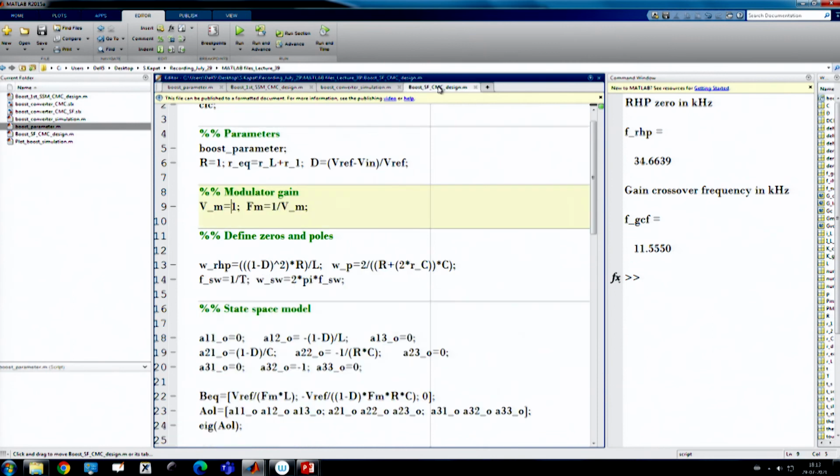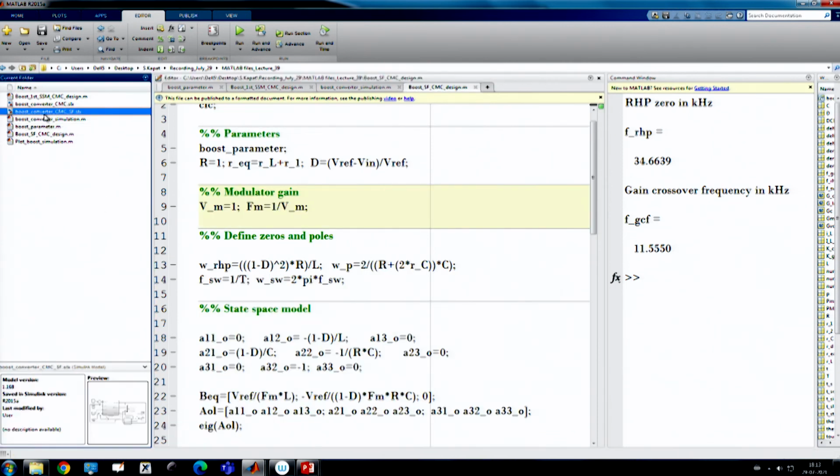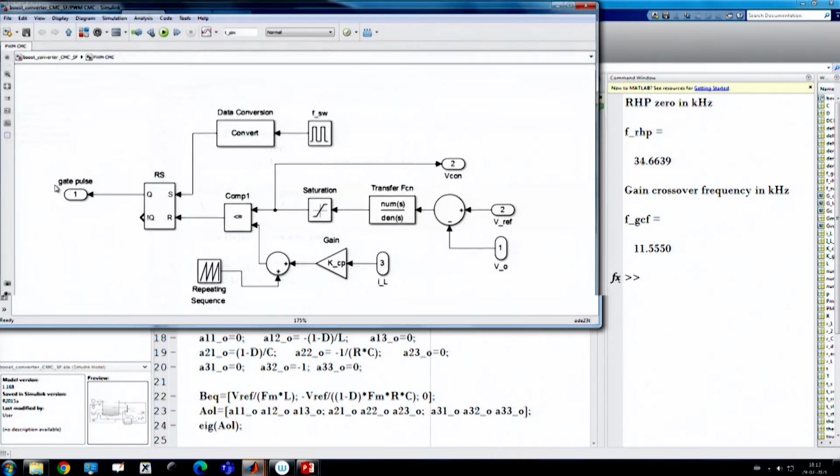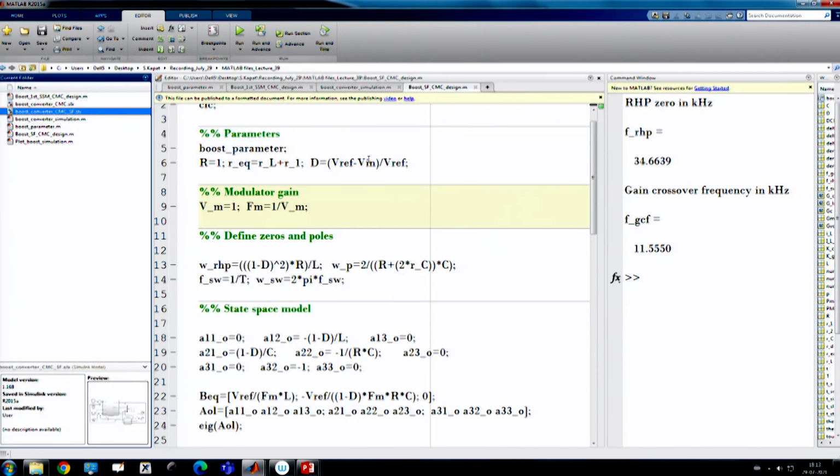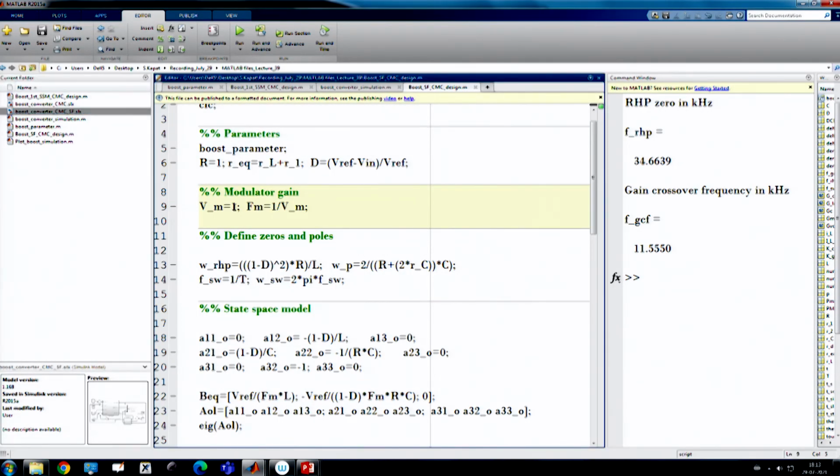Now, I am going to the state feedback based design. In the control here everything is the same, only I am adding a gain with the current loop, and since there has to be a compensating ramp, because it will work like a modulator, I am taking a very low ramp, just 1 volt, because your input voltage is very low, 0 to 1 volt.